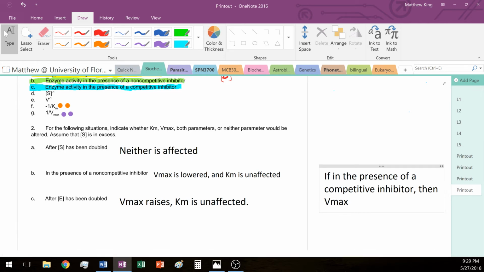But Vmax, if you're in the presence of a competitive inhibitor, is unaffected. And Km is also unaffected, but we know why that is the case. This is non-competitive here, but if it's competitive, then Vmax is going to be unaffected.